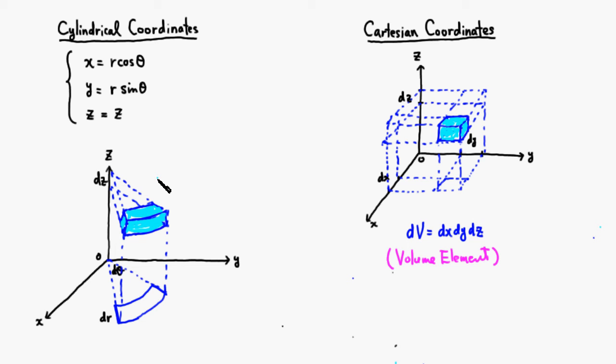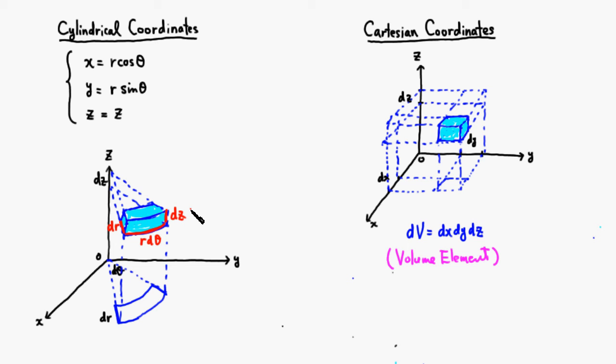Just like before, we pretend that this is kind of a square box. So the length here is going to be dr, so that's not too bad. And just like the polar coordinates, this portion is going to be r d theta. And the height here, this portion is going to be just dz.